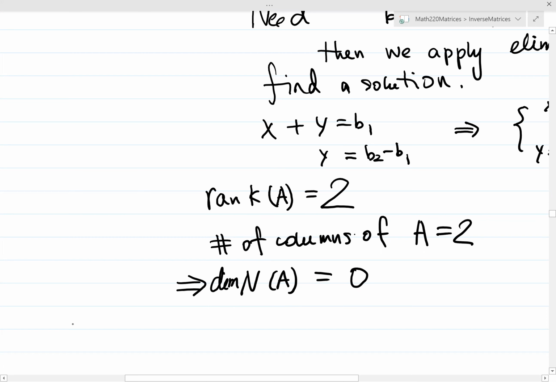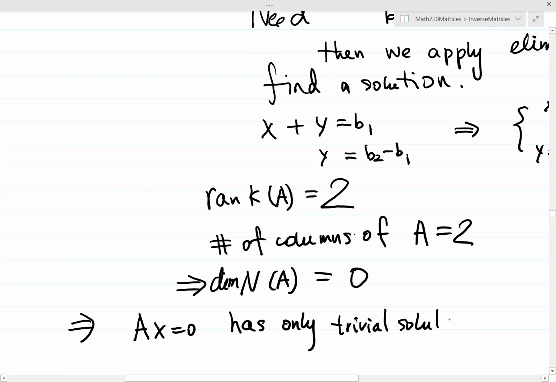Okay, so this means Ax equals 0 has only the trivial solution, x equals 0. Okay, so we find a special solution, and the general solution we can write down. The null space is just the zero vector.